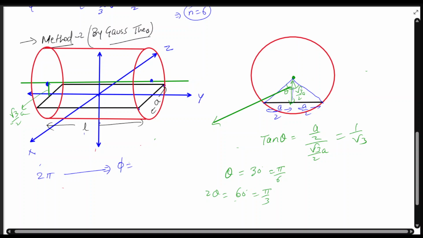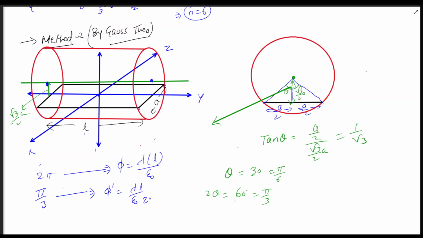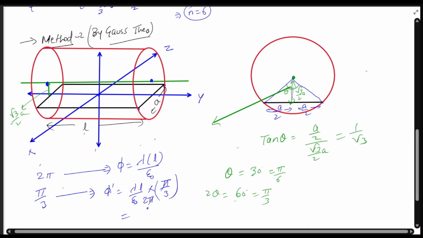So Q enclosed will be lambda into L, so lambda L divided by epsilon naught. For pi by 3, the required flux will be lambda L upon epsilon naught divided by 2 pi into pi by 3. Simple. So we will get lambda L upon 6 epsilon naught.